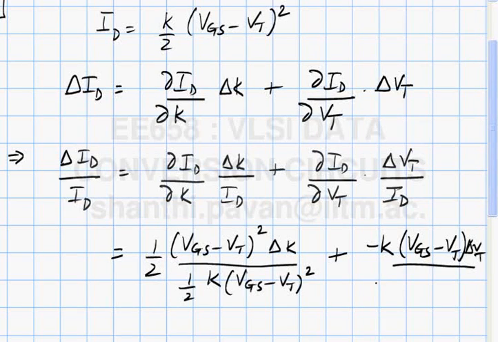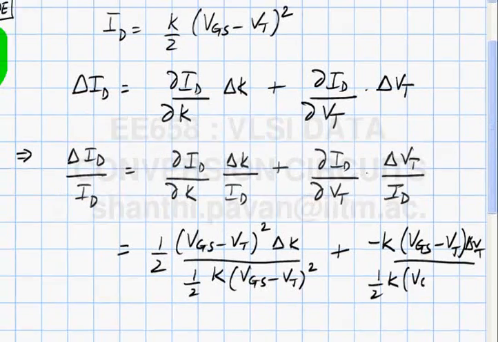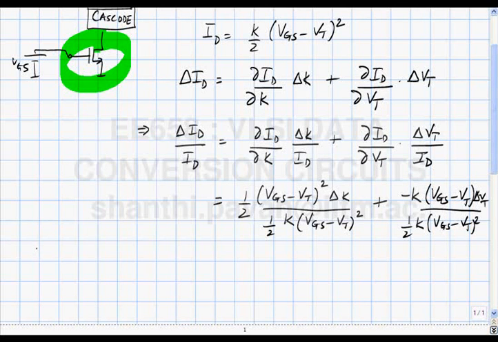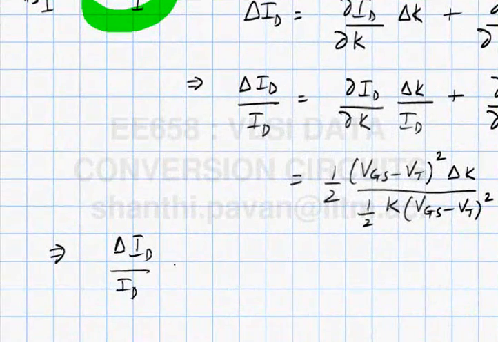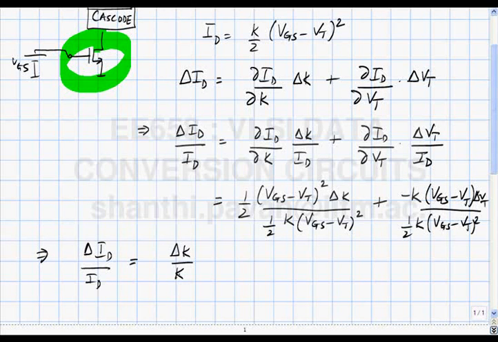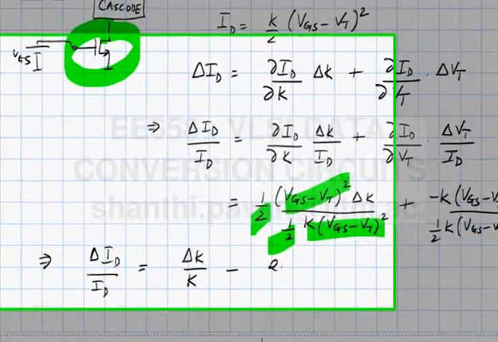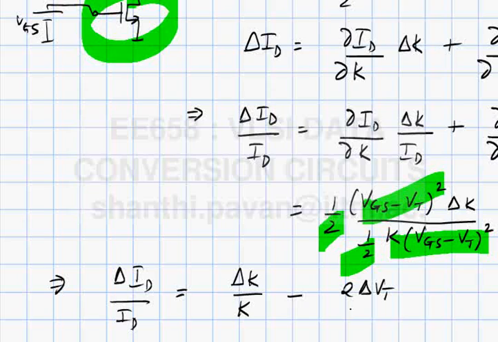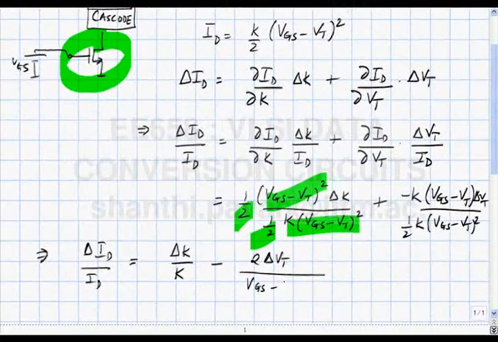And what is ID? 1/2 K (VGS minus VT) squared, which means delta ID by ID is delta K by K, because these terms cancel, and then you have minus 2 delta Vt divided by (VGS minus Vt).